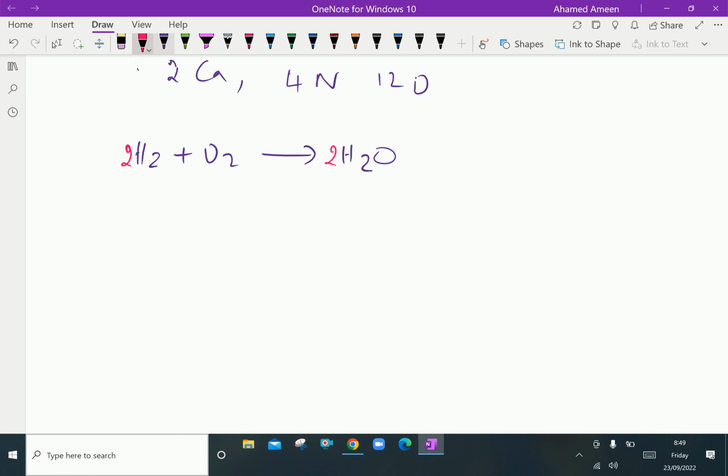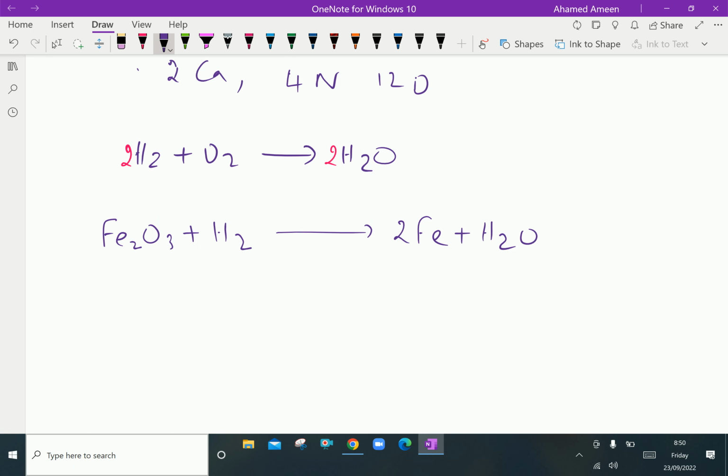Next, look at this: Fe2O3 plus H2 gives 2Fe plus H2O.